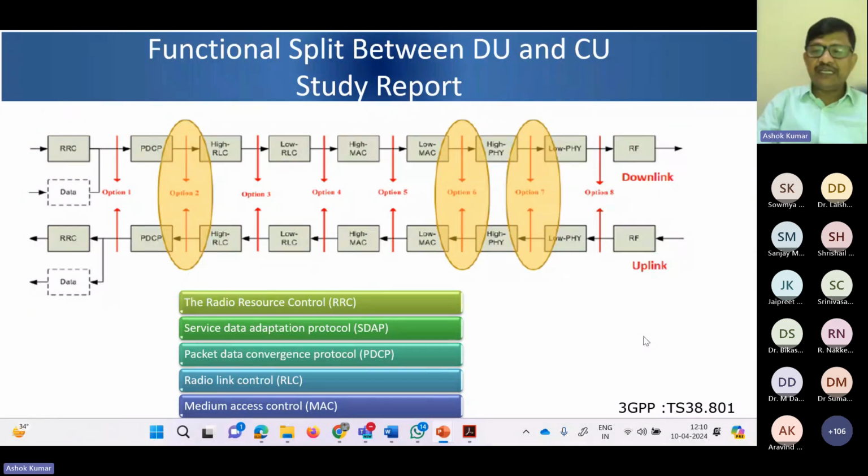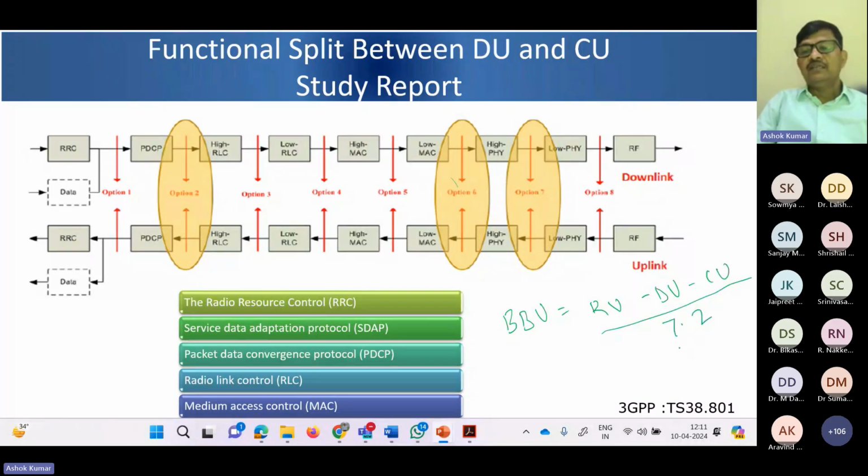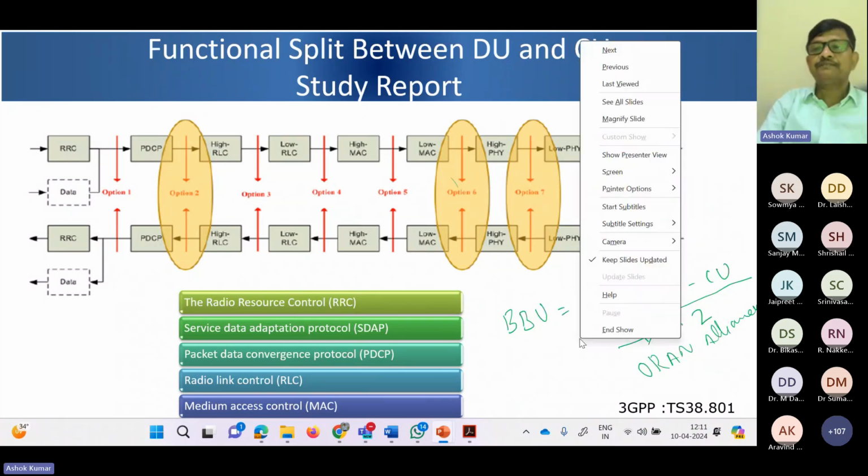So in case I am splitting my BBU into RU, DU and CU, then I can use split 7.2. And this is the split recommended by the ORAN Alliance.